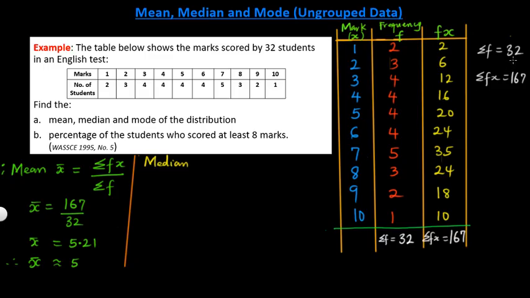Remember, this is 32. So if we divide 32 by 2, that will give us 16. So we are looking for the median to be the 16th value plus the 17th value, because those are the middle values, divided by 2.